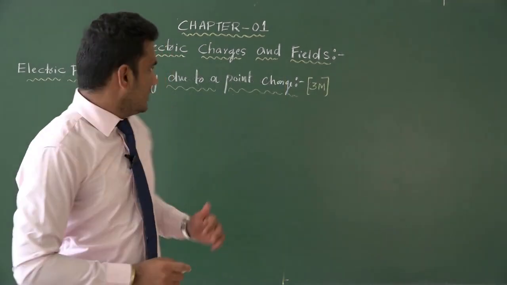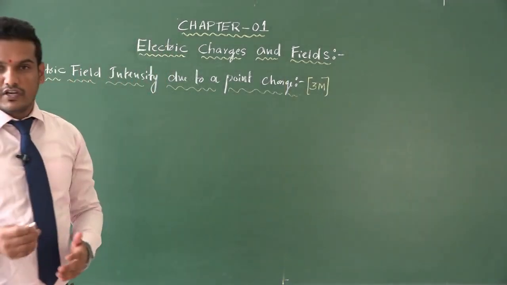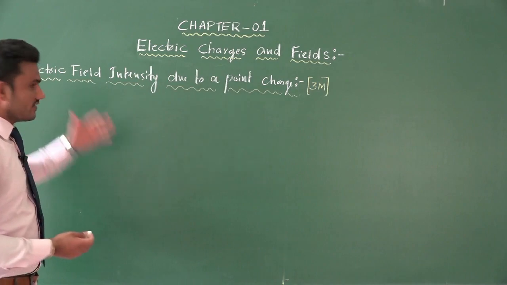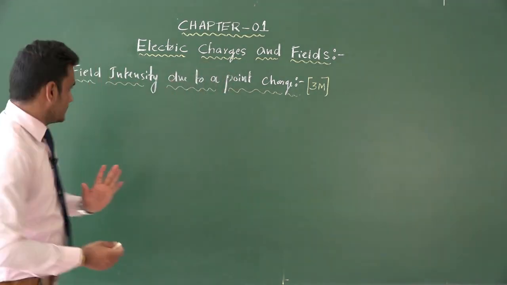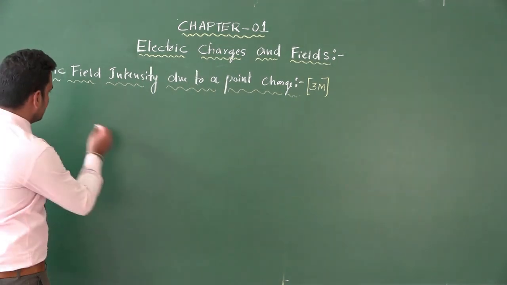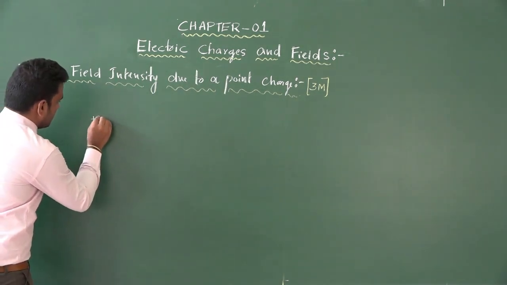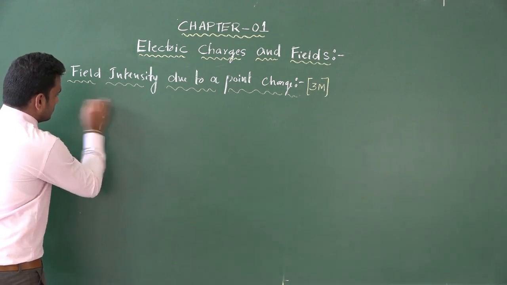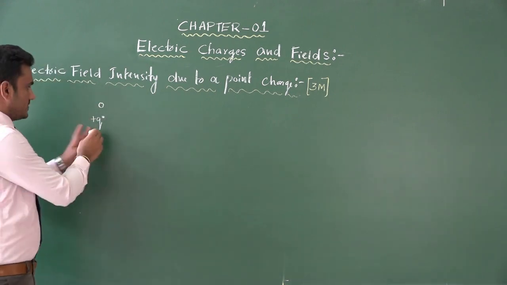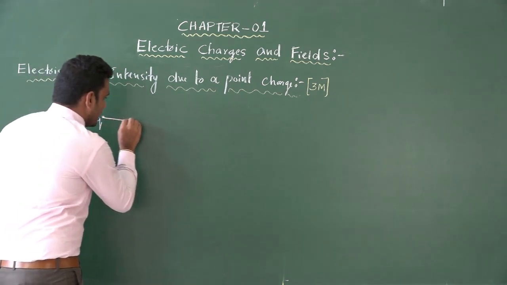The next concept is electric field intensity due to a point charge. So here we are finding electric field intensity by using a point charge. Now I am going to consider a positive point charge Q placed at a point O, and this point charge produces an electric field.